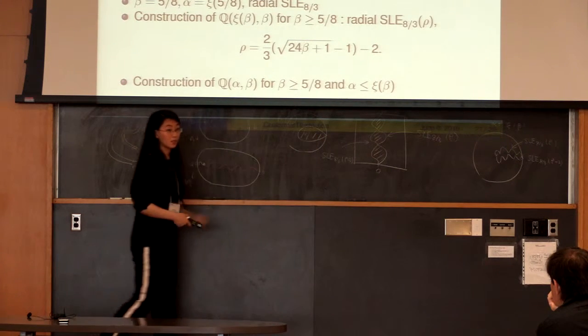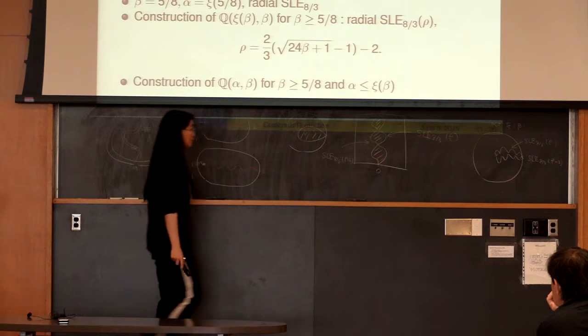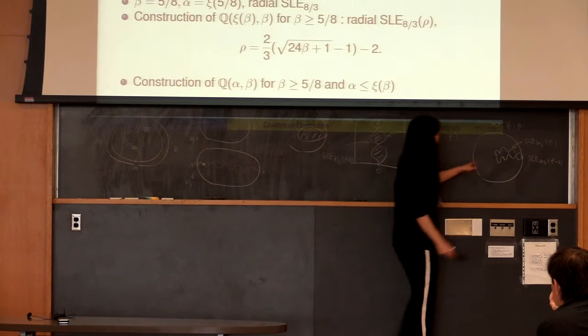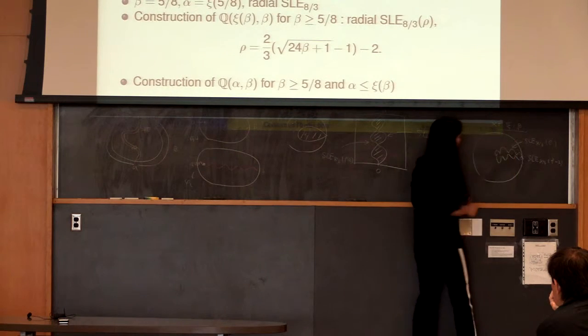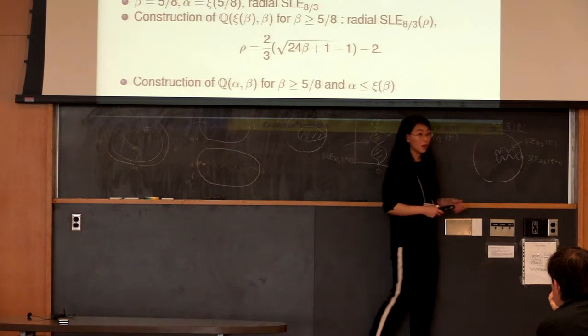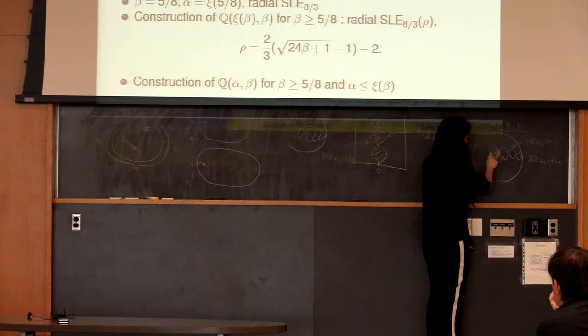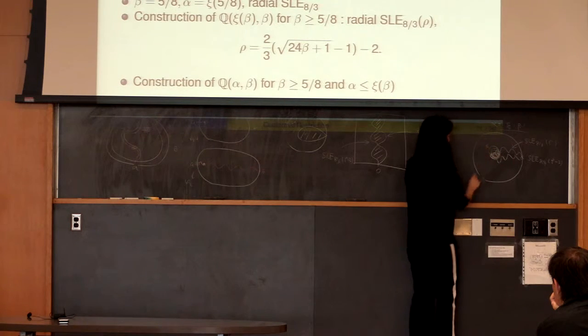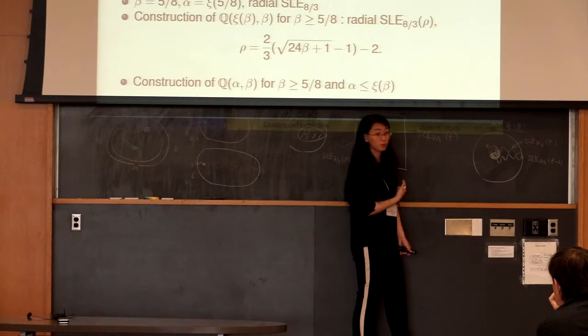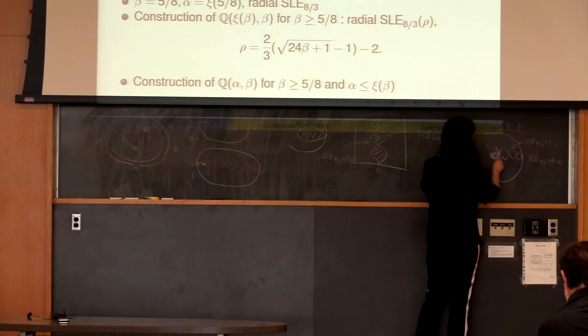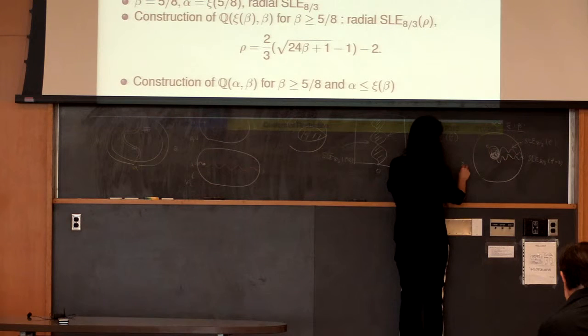construct it? This is, in fact, very easy, because as long as we have any random set that satisfies the radial restriction measure, then we put an independent Brownian loop soup around our region with intensity C. Then the union of the two will correspond to a restriction measure.